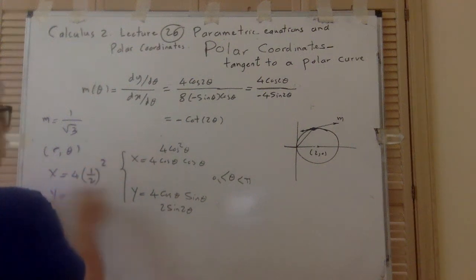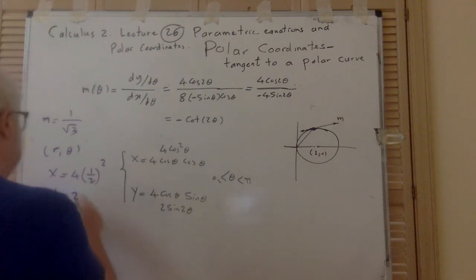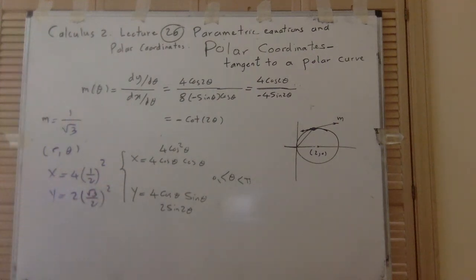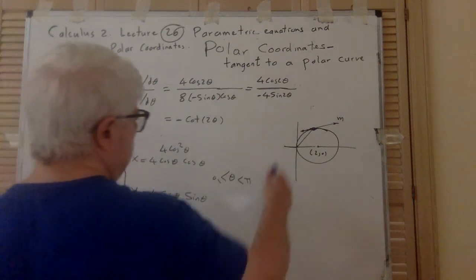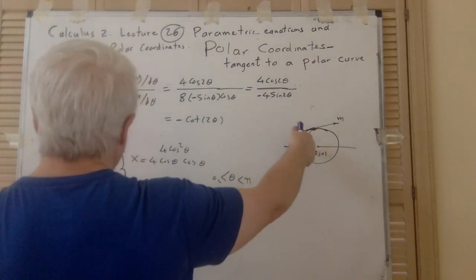And y is 2 sine of 2 pi over 3, which is square root of 3 over 2. Let me double check.